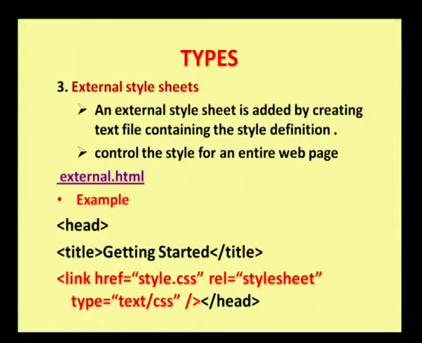So this is an example of external style sheets, and the main advantage is that not only a single web page uses this style sheet, n number of web pages can share the style which we have defined in an external way. So this is the basic advantage of external style sheets.